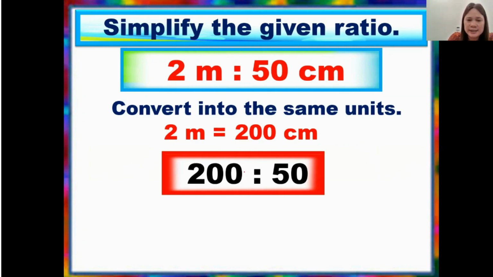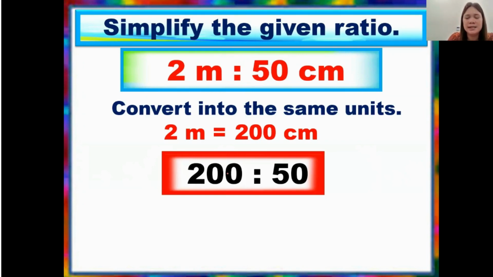Again, if the units are the same, no need to write the units. But in here, since the units are different, we have to write the units. After making them into the same units, then no need to write the units for both.